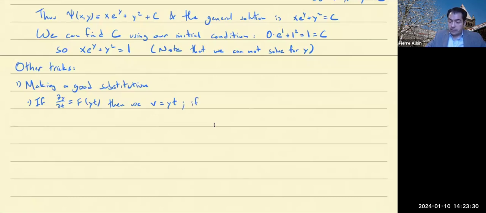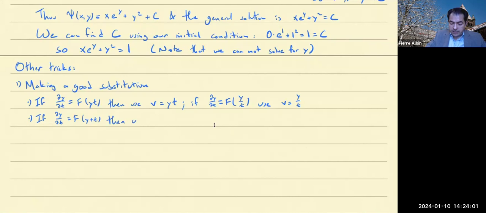If dy by dt is equal to a function of y over t, then use v equal to y over t. If dy by dt is equal to a function of y plus t, right? So y and t don't appear individually on the right-hand side, except in the combination y plus t.